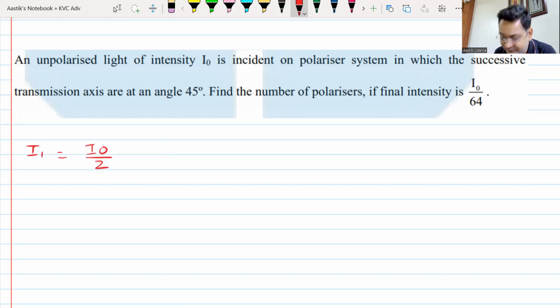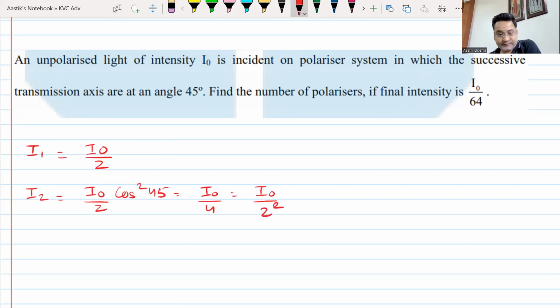After the second polarizer, intensity will become I naught by 2 cos square 45, so that becomes I naught by 4, that is I naught by 2 square. After the third one, it will be I naught by 2 cube.